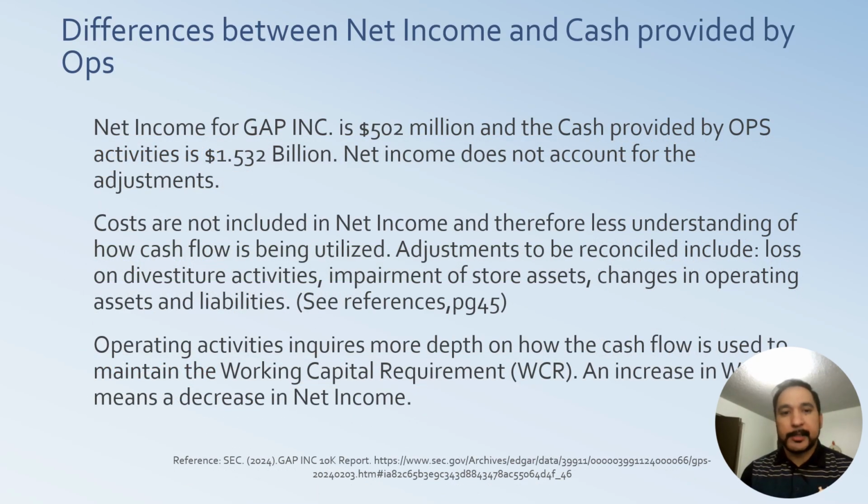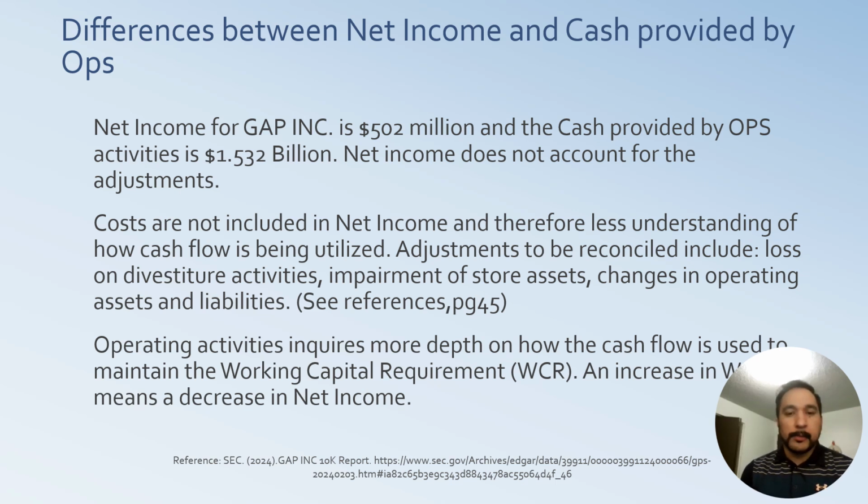All right, next we'll be discussing the differences between net income and the cash provided by operations. Here, the net income for Gap Inc. is $502 million, and the cash provided by the ops activities is $1.532 billion. The net income does not account for the adjustments, and these are the costs.